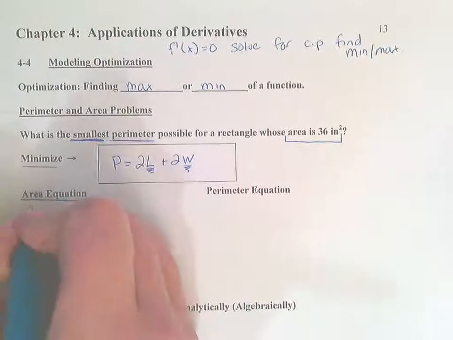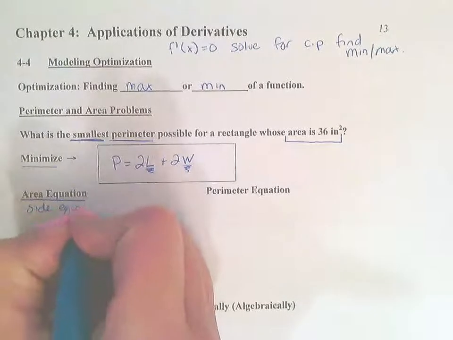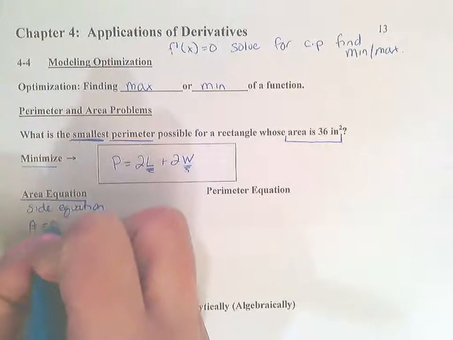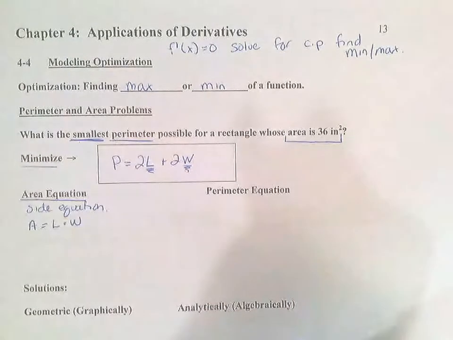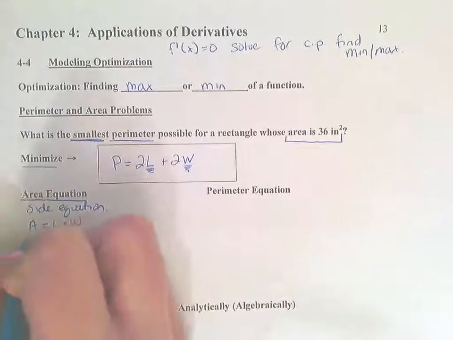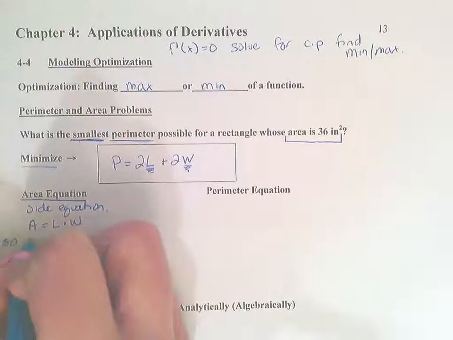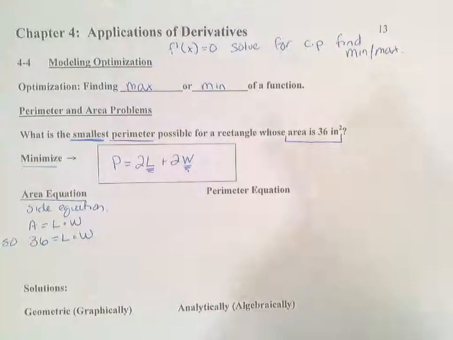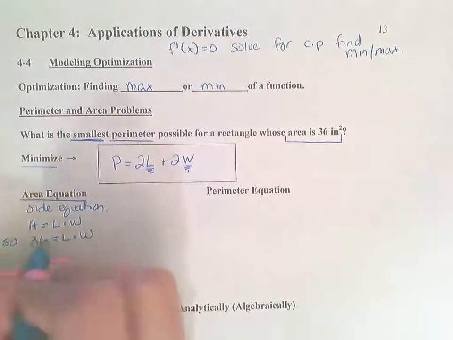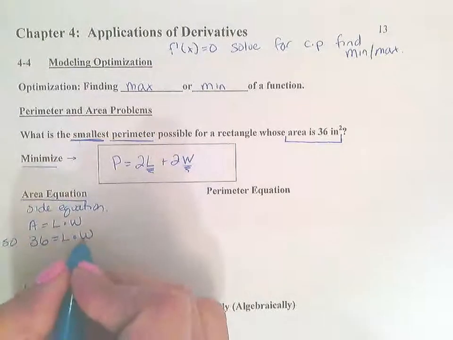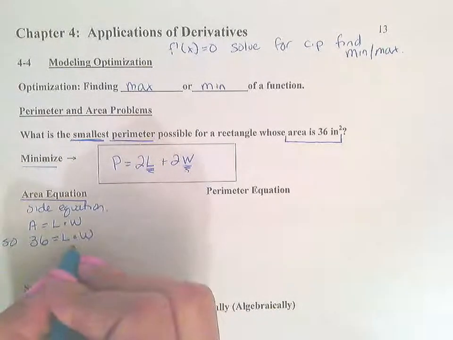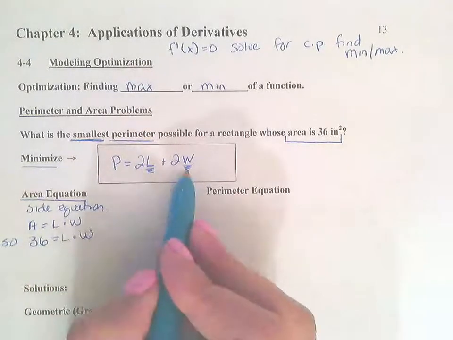So here the area equation is our side equation, and we know that area is equal to length times width of a rectangle, and so they tell us what the area is, so 36 equals length times width. Okay, and now the idea is we're going to use the side equation to solve for one of these variables so that we can eventually get rid of the L or the W.